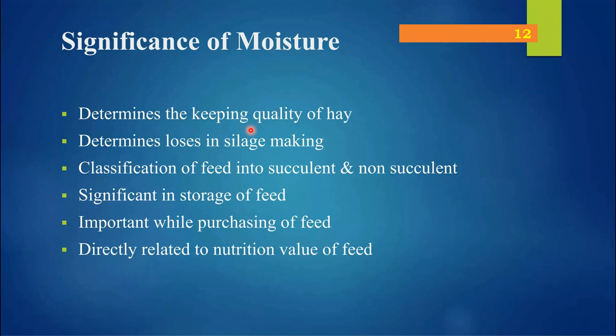Then the classification of feed into succulent and non-succulent depends upon the water content. If the water content is less, it can be called a non-succulent feed. If it is more, then we can say it is a succulent fodder.